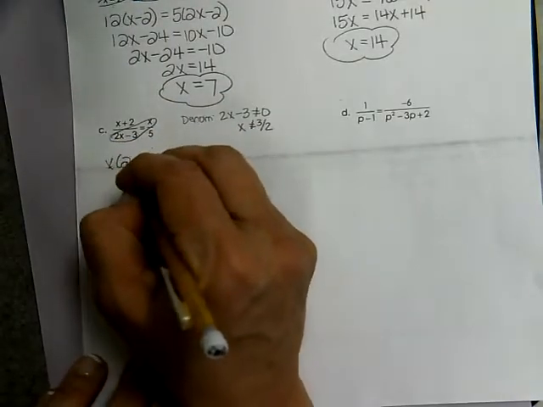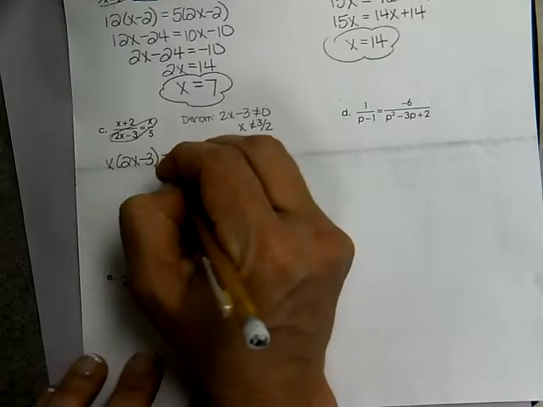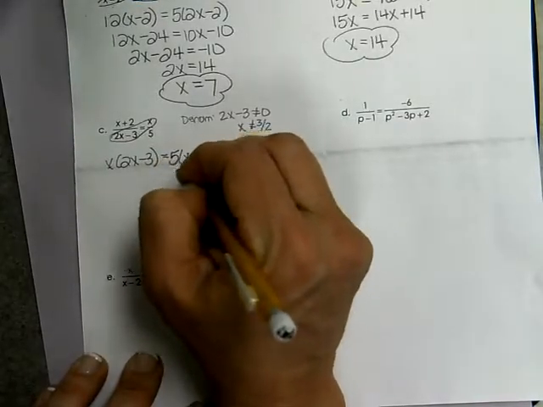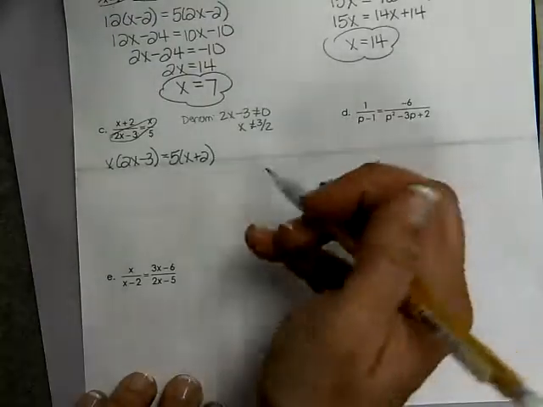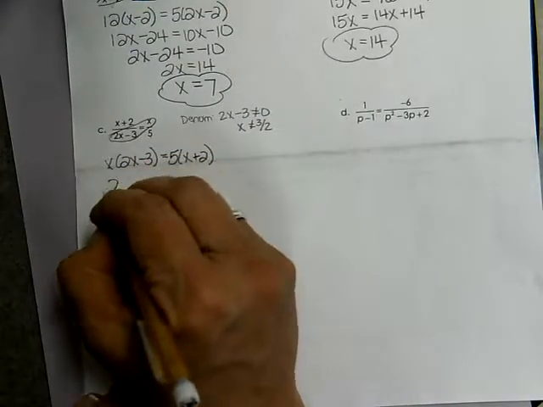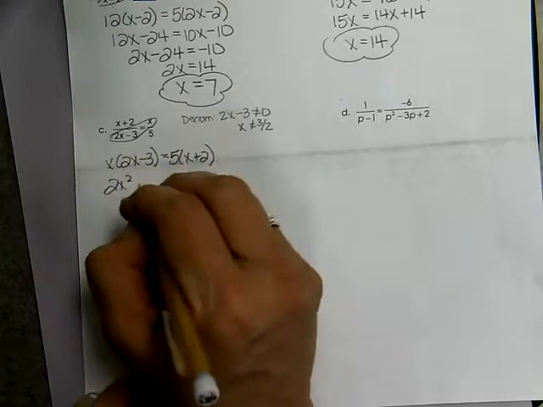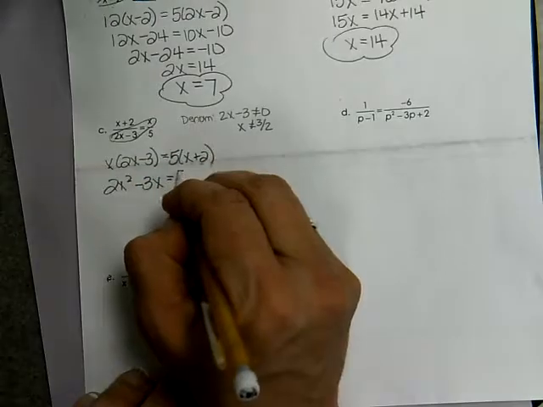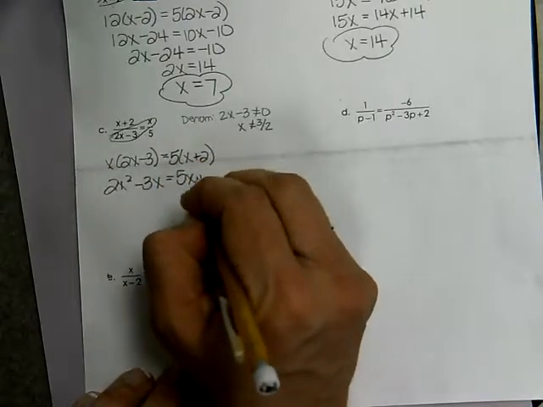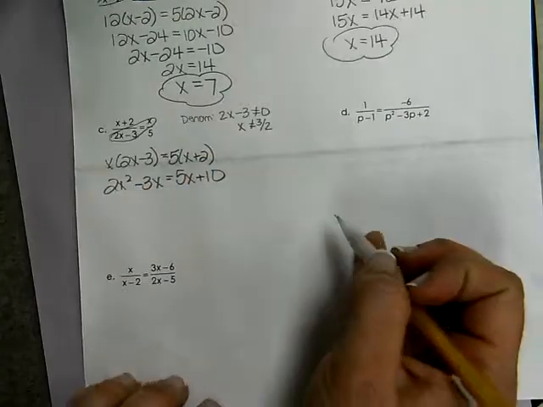Let's take x times 2x minus 3. Set that equal to 5 times x plus 2. Again, you could have them on different sides. That's fine. I distribute: 2x squared minus 3x, and then 5 times x is 5x, 5 times 2 is 10.